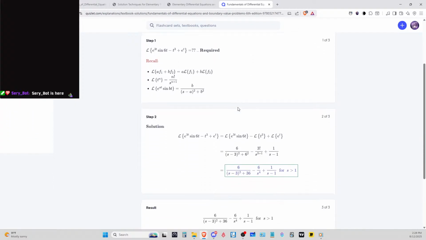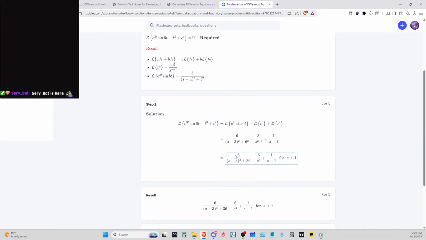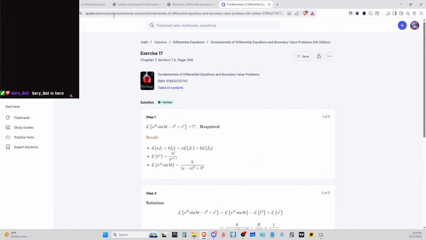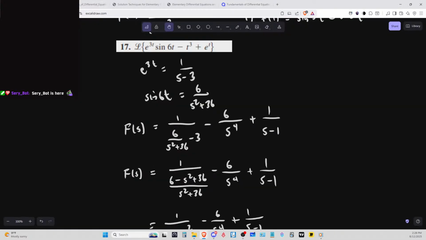Let's see, did I write the problem right? Yeah, I believe so. And the table we wrote for E is correct. And then for sine, yeah, that is correct.